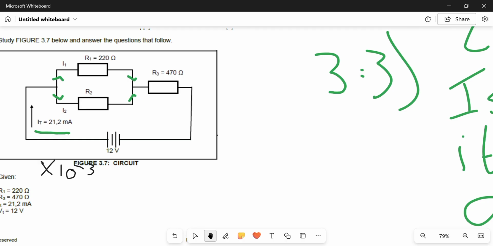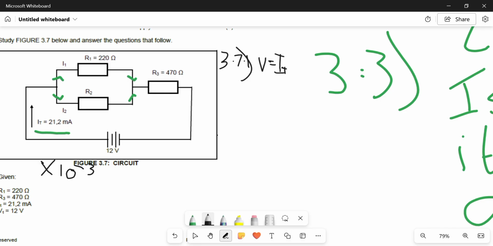Okay, so we're going to say V equals, remember the current I at R3 equals the total current.